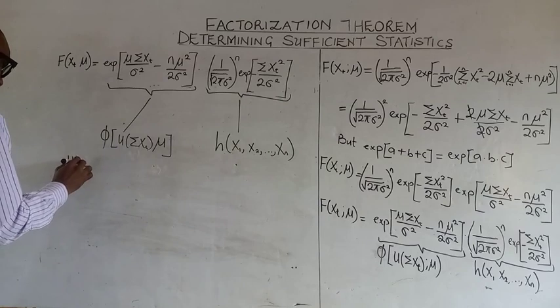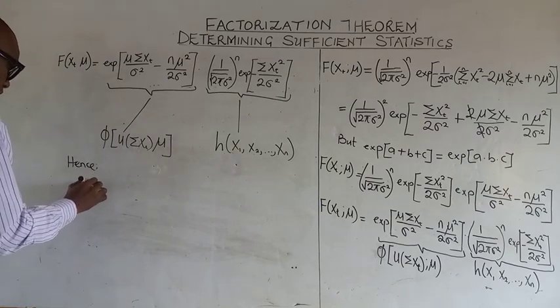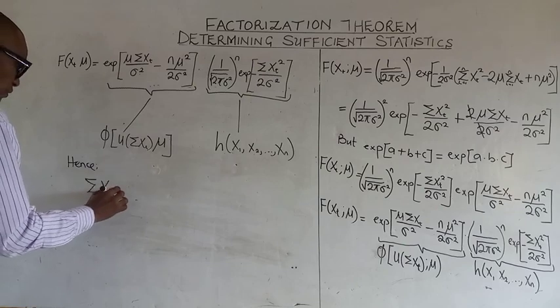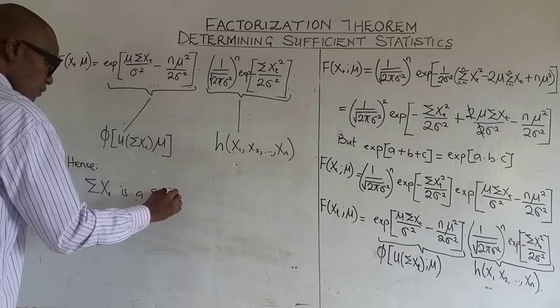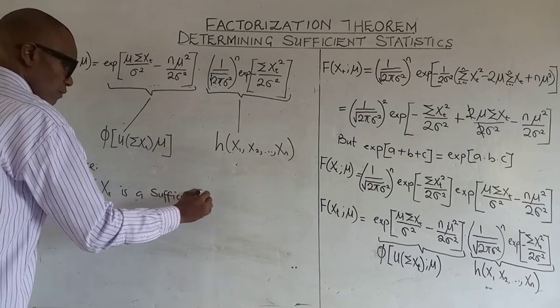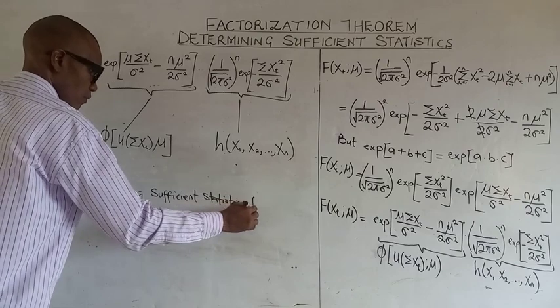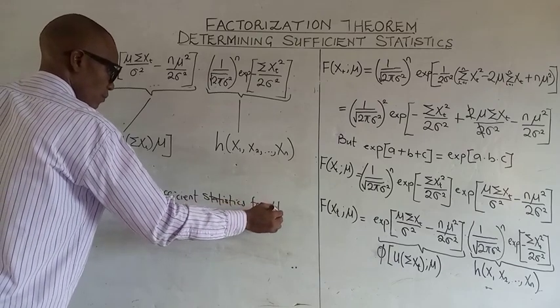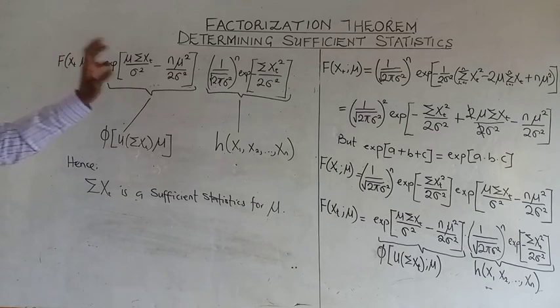Hence, summation of x_i is a sufficient statistic for mu. So this is how to obtain the sufficient statistics for the normal distribution.